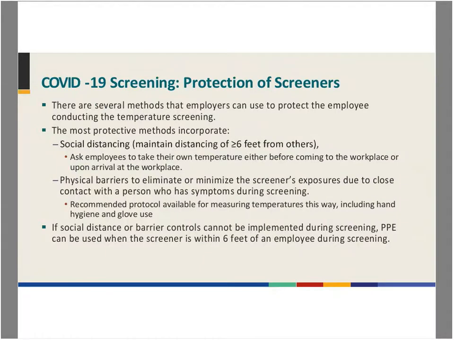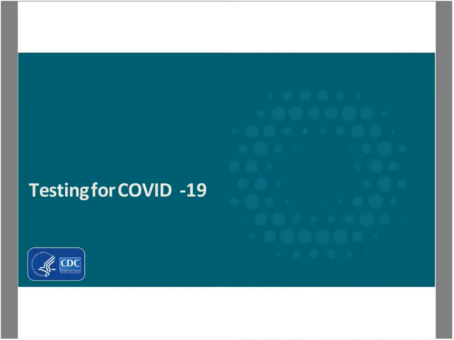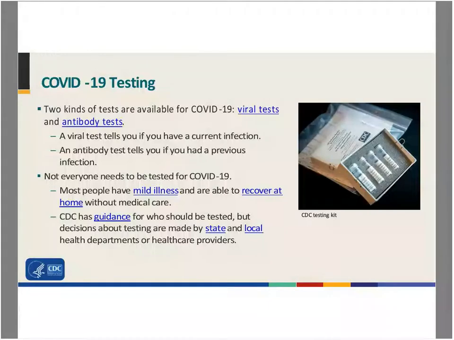There's a recommended protocol for measuring temperatures this way that's described on the CDC website, especially in the business FAQ, or frequently asked questions, section. There's a lot of information there about screening with a focus on protecting the screeners. If social distance or barrier controls cannot be implemented during screening, then PPE can be used.